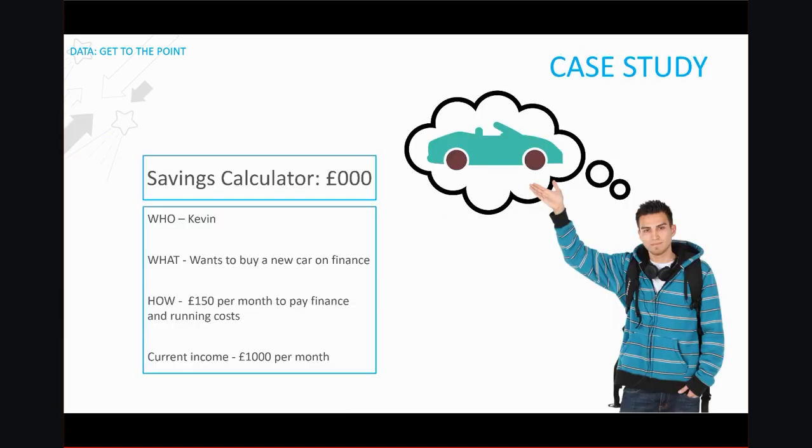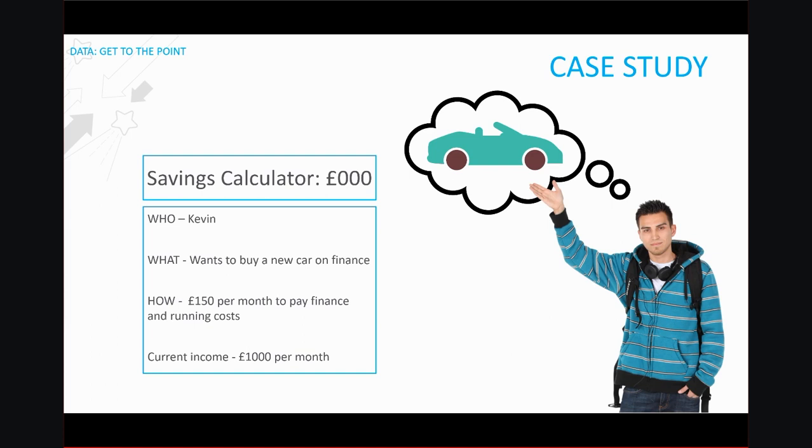So to bring this to life, we have Kevin. Kevin wants to buy a new car. And he's looked at quotes and made lots of decisions and spoken to various different people, and even looked online and did some research to realise that to make this reachable for him, he needs to buy this car on finance. So the best quote that was available to him was £150 per month to pay finance and running costs.